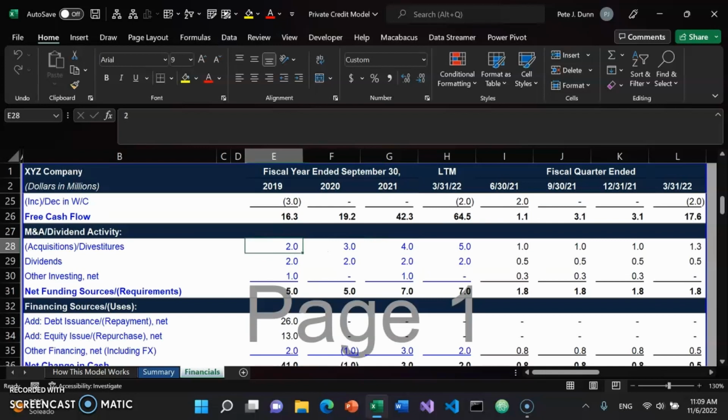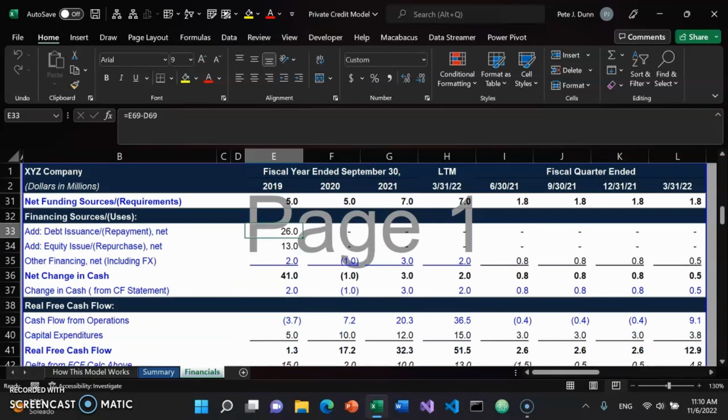Keep in mind, all these numbers are in millions of dollars per cell B2, so I've listed it in cell B2. I'm assuming a steady payment of $2 million of dividends to equity holders each year. Then other investing, some years we had that, some we didn't. And you can sum those up to see what the M&A/dividend activity was.